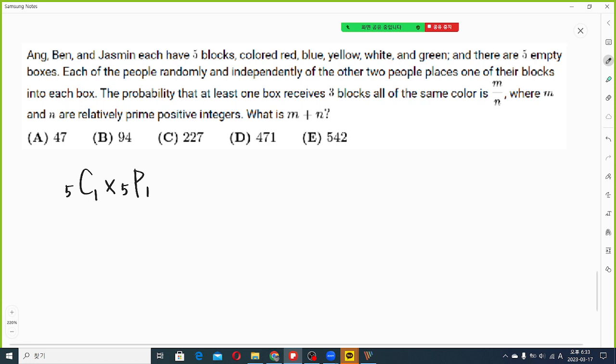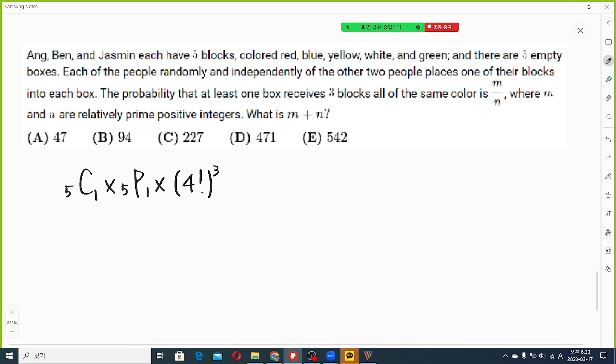So after filling one of the boxes with the same color, for the other four boxes we can make any type of arrangement. Because there are four blocks remaining for each color, the remaining cases are 4 factorial, and because there are three colors, we cube it.